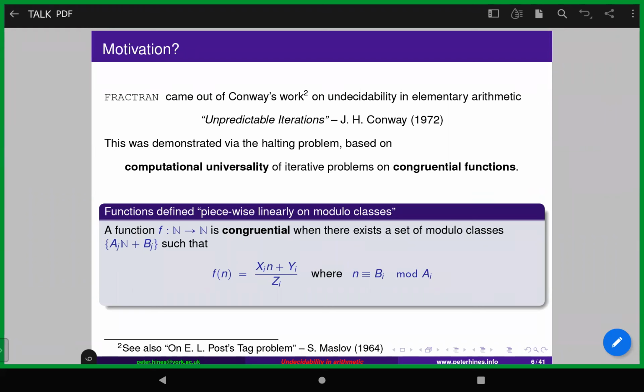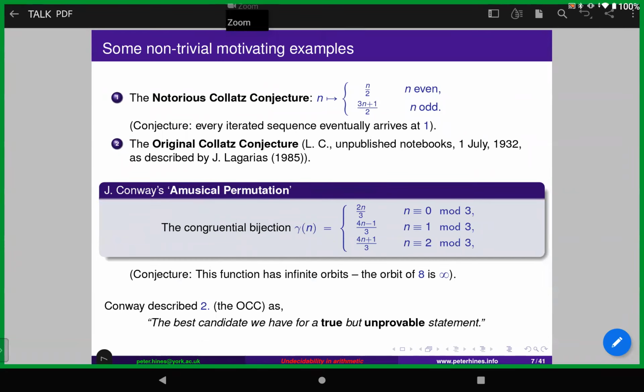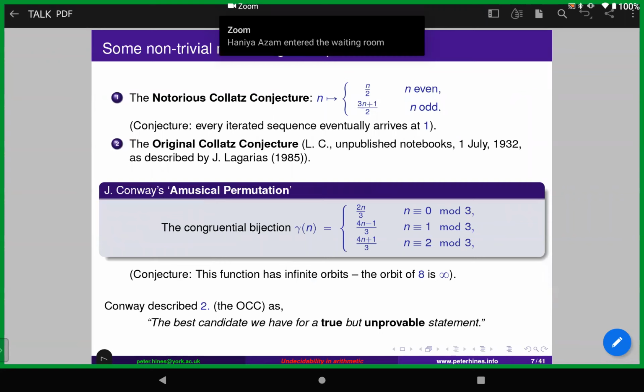We could simply take the natural numbers and split them up into the odds and the evens. Every even number, we could just divide it by 2. Every odd number, we could multiply by 3 and add 1. And if we were to do that, a remarkably simple congruential function, we would instantly arrive at one of the most notorious problems of mathematics, which is, of course, Collatz' 3x plus 1 problem.